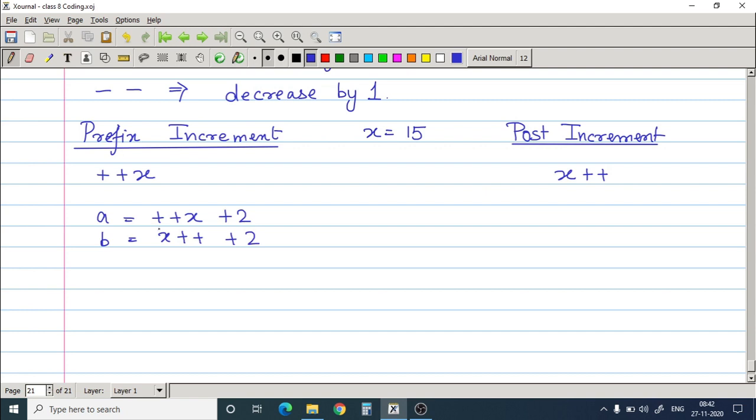Now see here, this is the unary increment and decrement operator, and whatever is the value of this bracket, you add 2 to that. Now what will be the value of a and b? b is for this side: b equals x plus plus plus 2. Let us see what will be the difference.